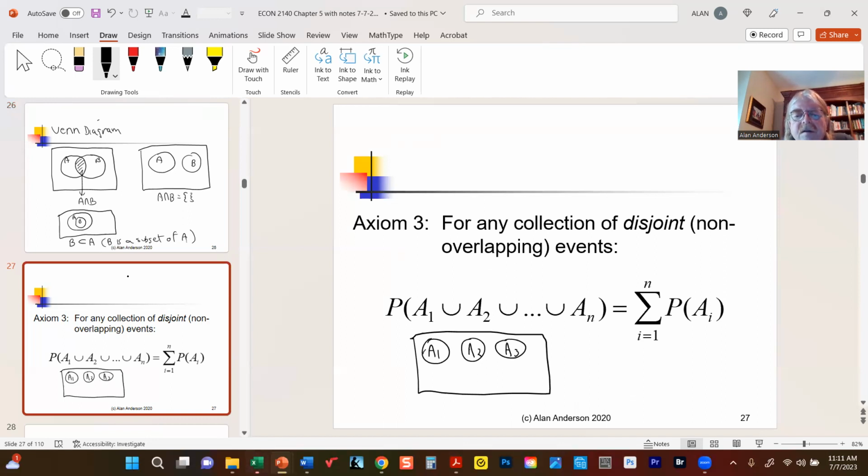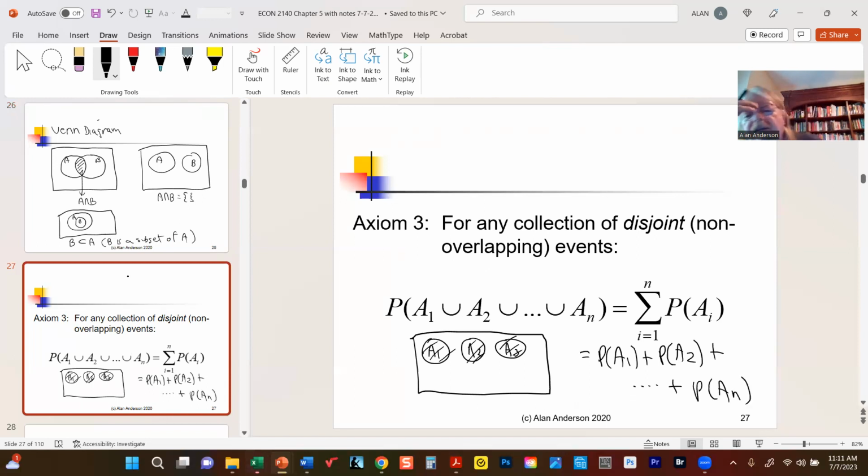The union would be all the shaded areas in here. And what they're telling you is that the probability of this union is equal to the sum of the individual probabilities. That makes perfect sense. If we add up the probability of each one individually, we'll get the total probability of that union.